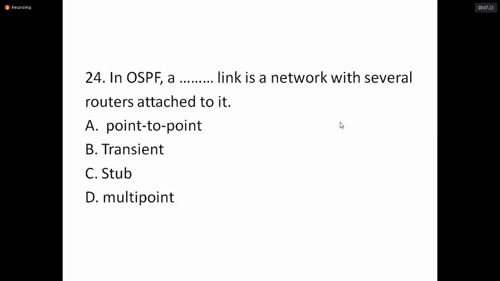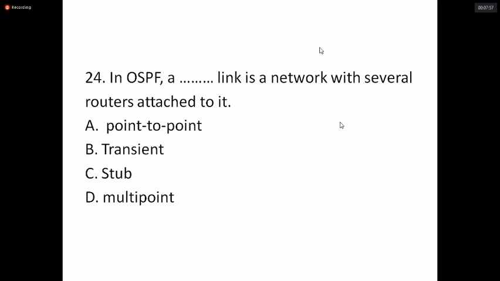In OSPF, a dash link is a network with several routers attached to it. Transient. Yes, it is transient, not multi-point. Read the question. You remember a mesh topology with each router connected to each other router in the diagram we have discussed previously.